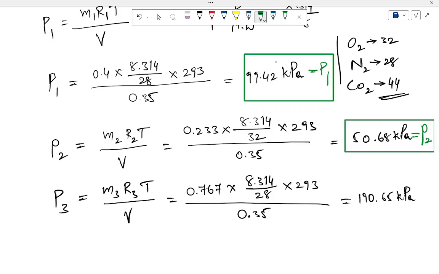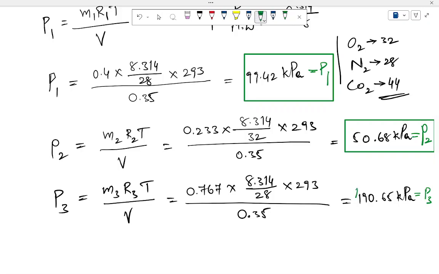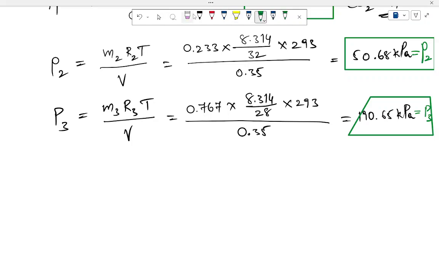Anyways, that is P2. And then this is P3. So these are the three things that he's asking you to find. You have found them out here. P1, P2, P3 are given to you here. This box is not nice. I can leave it, but okay, this is much better. So that's the P3.